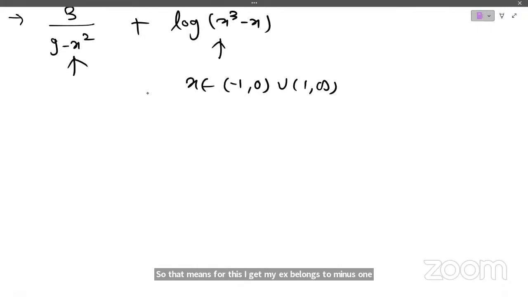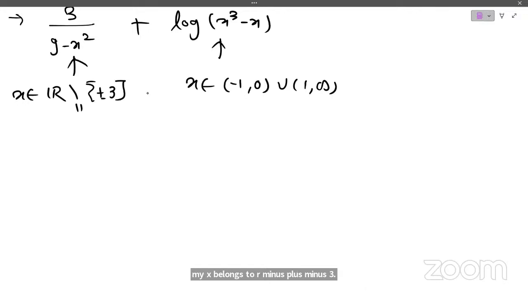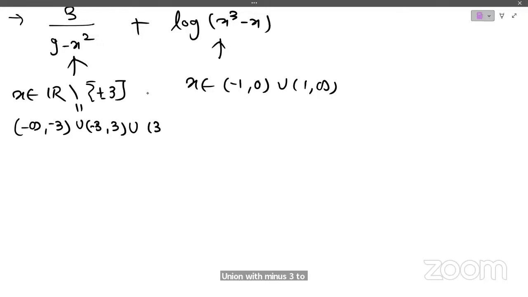And for the other one, x belongs to R minus plus or minus 3, or you can write it as minus infinity to -3, union -3 to 3, and then union 3 to infinity, right? This is clear? Yeah, this is clear.